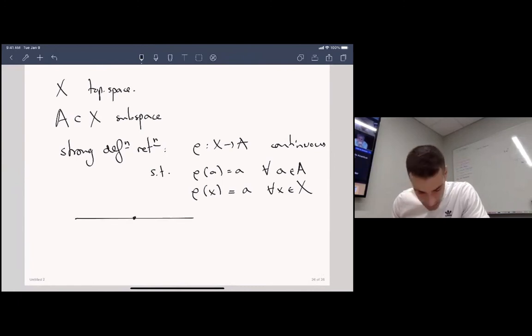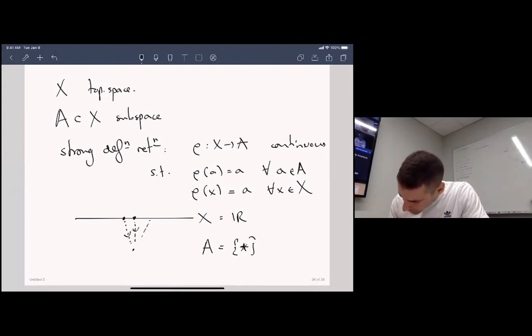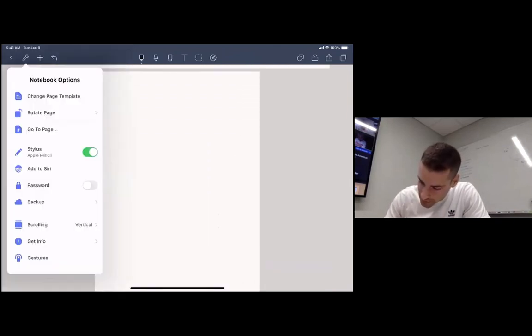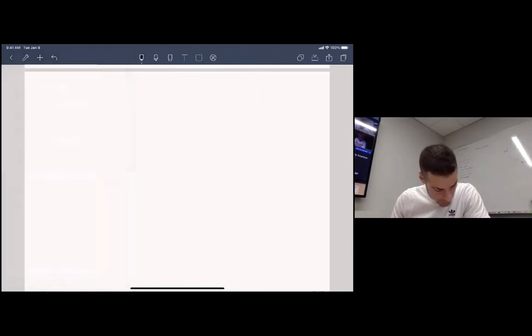Say this is X, which is just the real line, and say that A is just a point. Then I can take a continuous map which maps everything to the point, and that's a continuous map. I can do this in a continuous way, and this is called a retraction for obvious reasons.